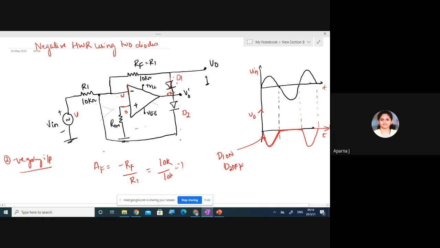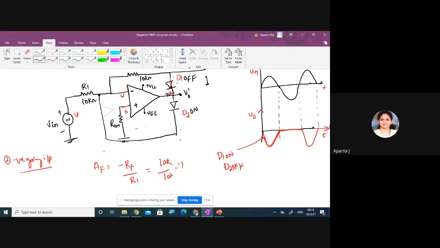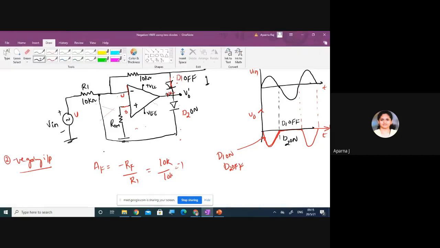Now during the negative cycle, since this positive terminal voltage is greater, output will be plus Vsat initially. So due to this plus Vsat, cathode of D1 is connected to plus value. So D1 is off and D2 is on.